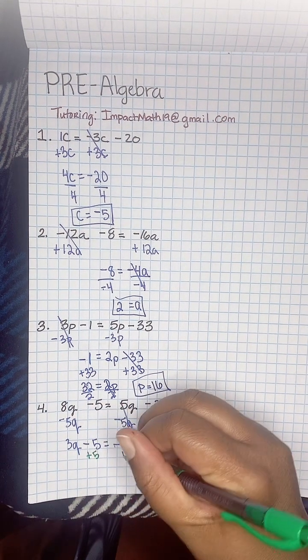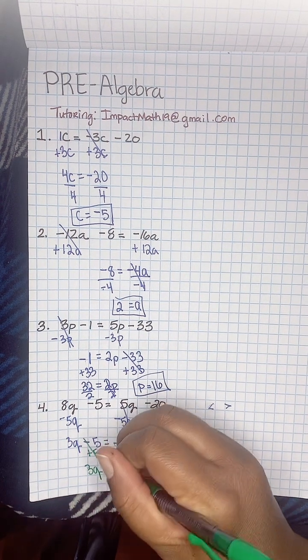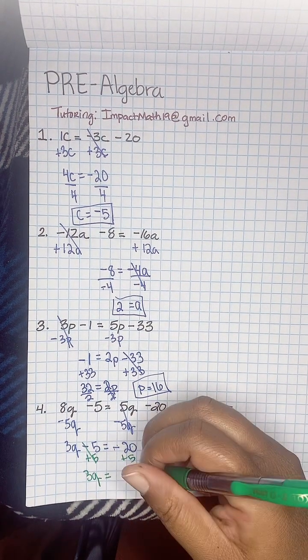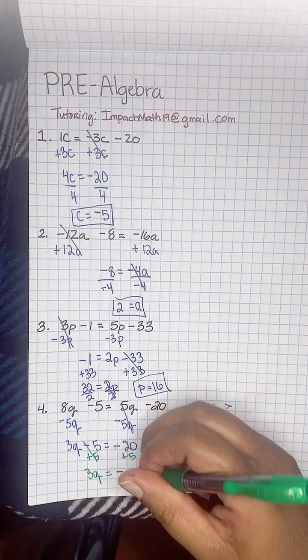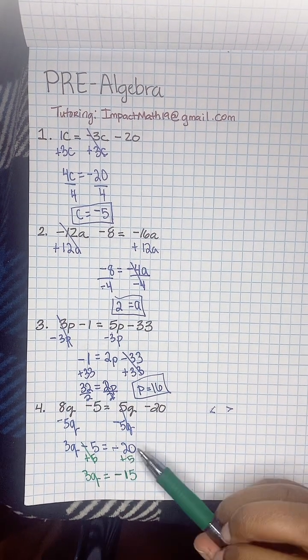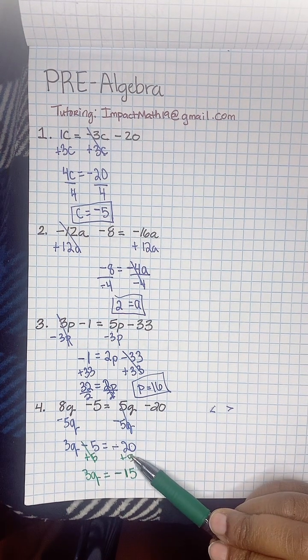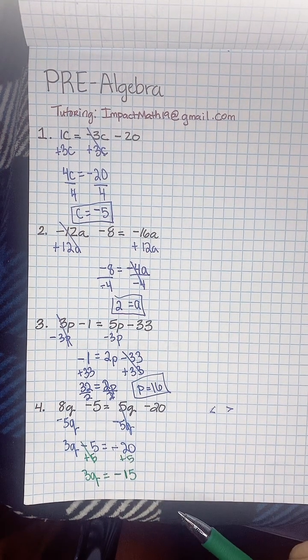So I'm going to add 5. And then I'm going to drop down my 3q equals negative 20 plus 5 gets me negative 15. Okay. Remember those integers. You owe somebody $20. You paid them 5. You still owe them 15.